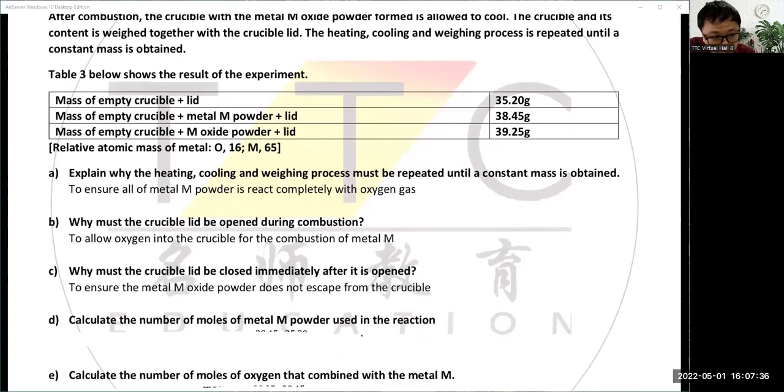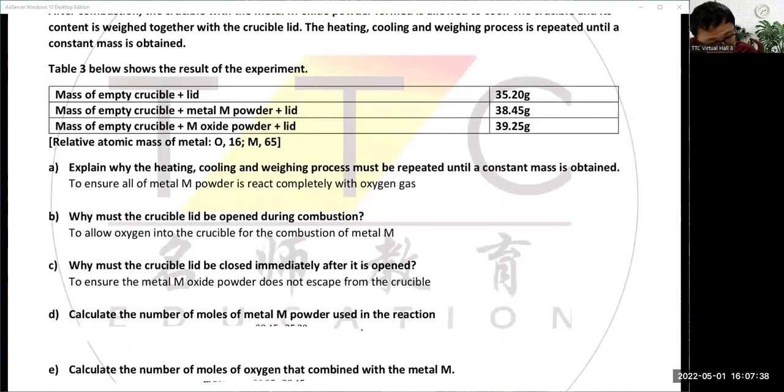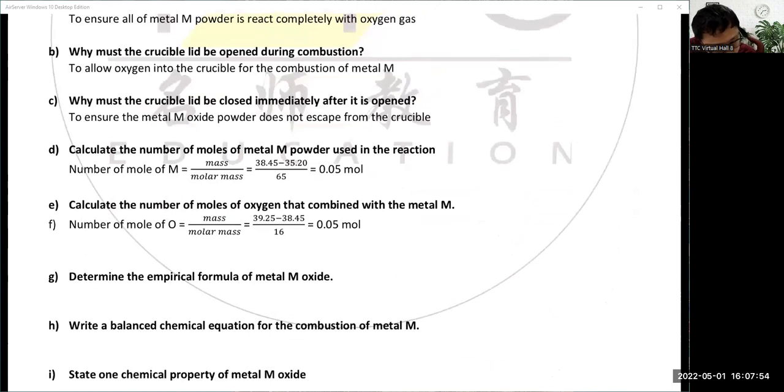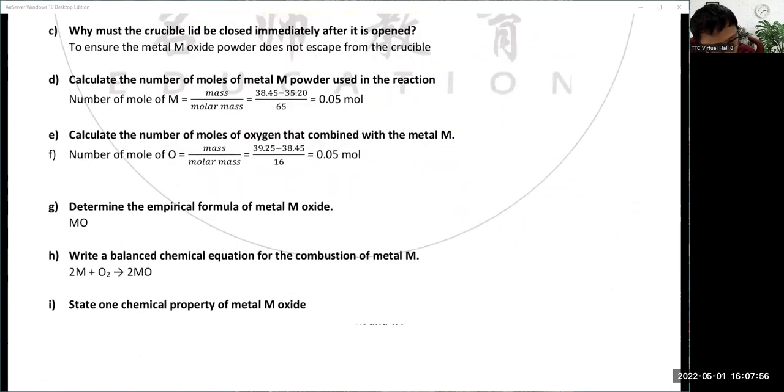To avoid the powder flying out. What is the number of moles? We take the M mass minus the empty one to get the mass. Then with oxygen and without oxygen, you subtract to get the number of moles. You can see the ratio is 1 to 1, so M plus O2 becomes MO.